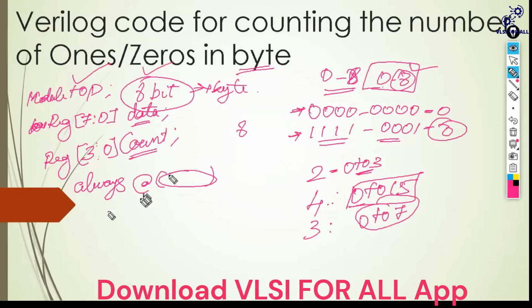Here I am going to put data: always @(data) begin ... end. So whenever the data changes, this always block will be executed. Now inside this, in order to count the number of ones, what logics can we use? Can anyone suggest any logics?